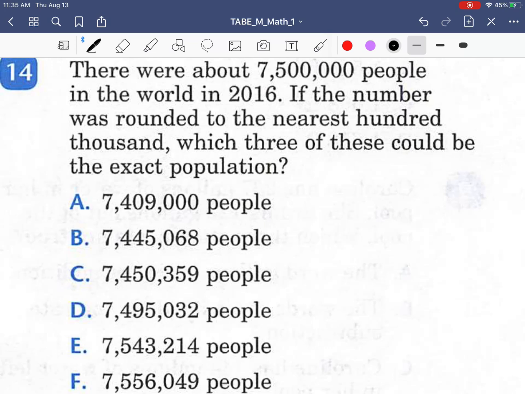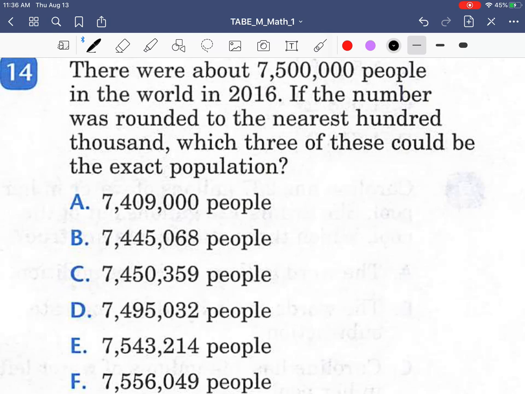So there were about 7,500,000 people in the world in 2016. I don't think that's right. There were more people than that in the United States. I believe they meant 7 billion, and maybe that's what I had the problem. But let's go ahead here.